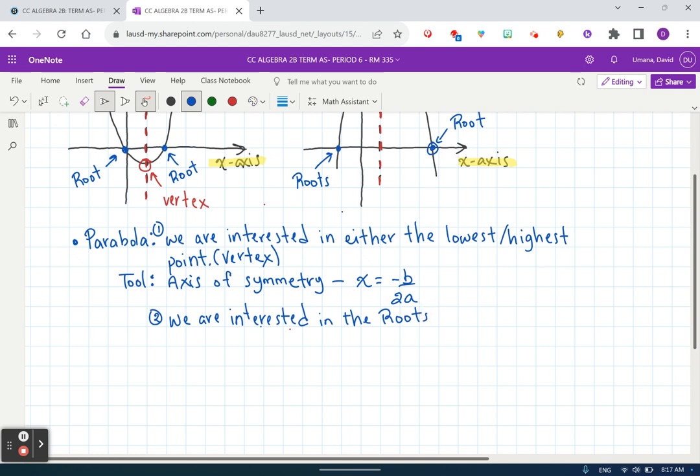Now, what tool do we have for this? Well, in order for me to be able to calculate the roots, I either will use factor form, which I refer to as my strategy where I draw that big X. And the other possibility is what we typically call the quadratic formula.